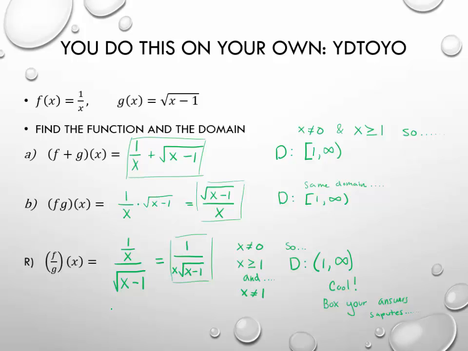If I have 1/2 times 5, doesn't it turn into 5 over 2? Same thing here. If we have square root of x minus 1 multiplied by 1 over x, you just put it on the top. And then you look at the domain.